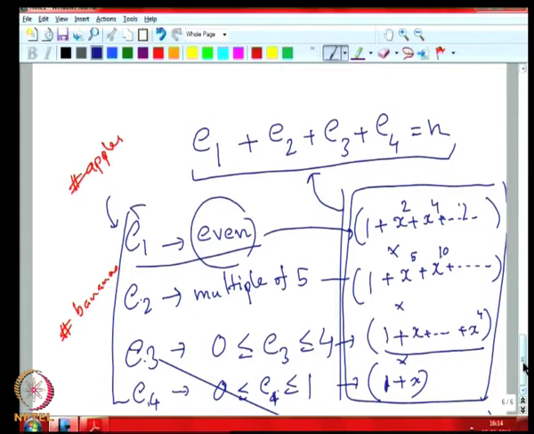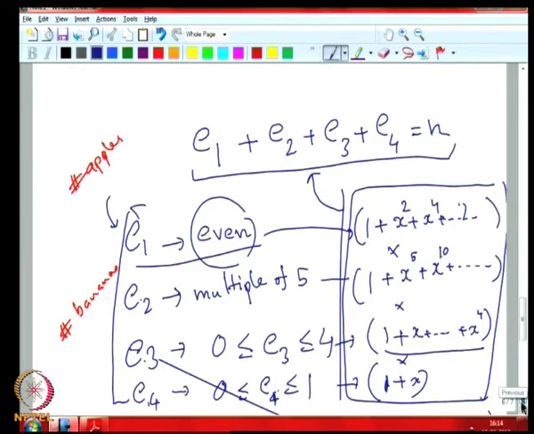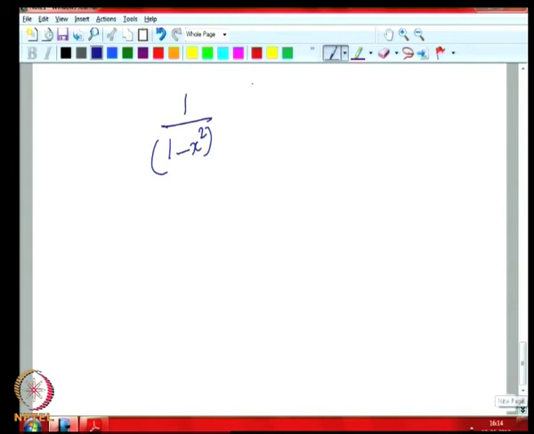Now how will you find the answer? The first term, as we have seen in the last class, is 1 by 1 minus x square. The second term, we haven't seen it, but we know that it is 1 by 1 minus x raised to 5.